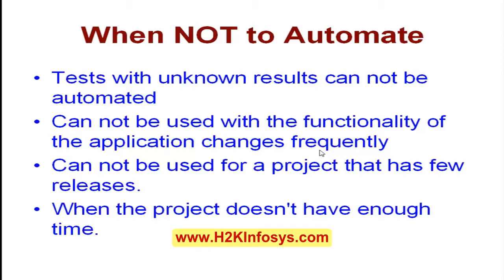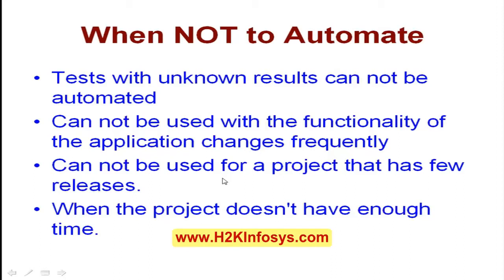In that case, our scripts are nothing. They are not going to be used much, because today you built your script based on today's application, and tomorrow the application is going to change. There is not much use, right? So if you have any application like that, it is not preferable to go for automation. Okay, it cannot be used for a project that has few releases.